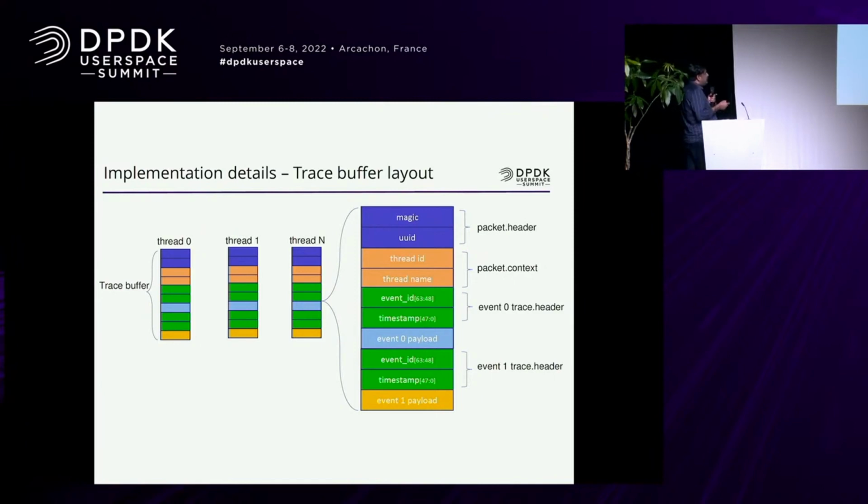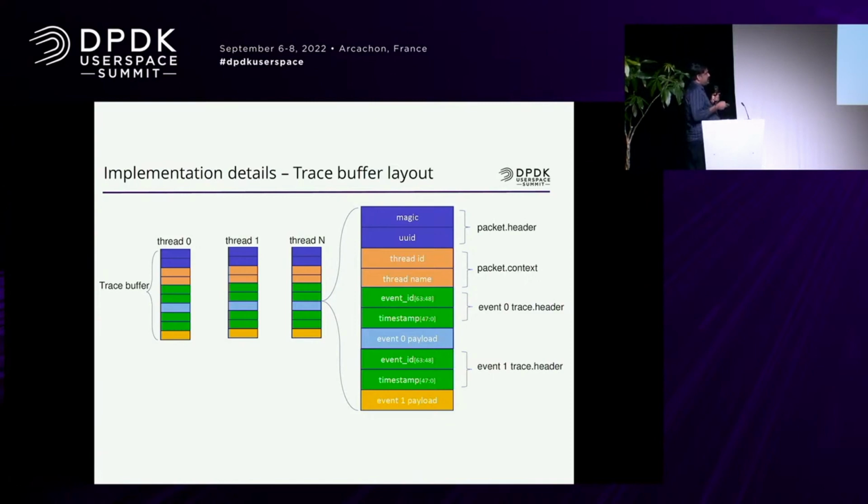And if you peek into each thread, you will have a memory like this, which is controlled by the trace buffer size, by default 1 MB. It starts with a packet header, which will have a magic and UID value, which is what the metadata defines, and thread ID and thread name. So it's a packet context. These four parameters will be created in the slow path, which is the header for the file.